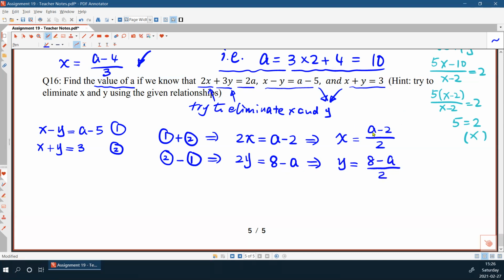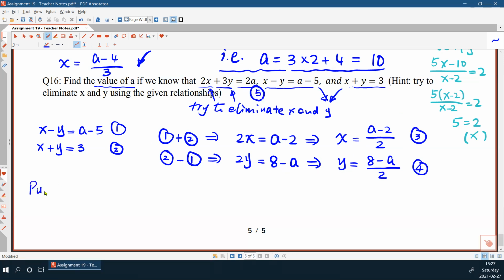And now you have the relationship between x and a, and the relationship between y and a as well. So let's call them number 3 and number 4. And the original expression is number 5.